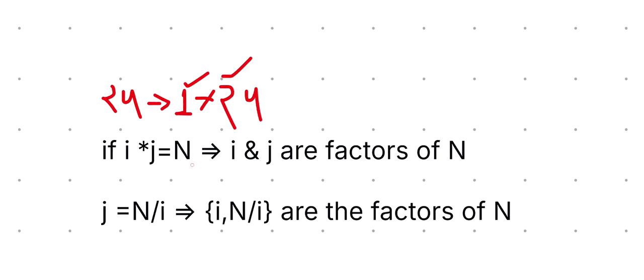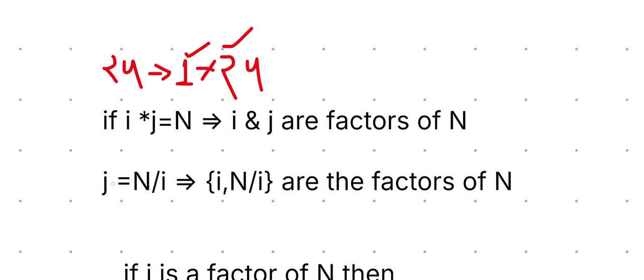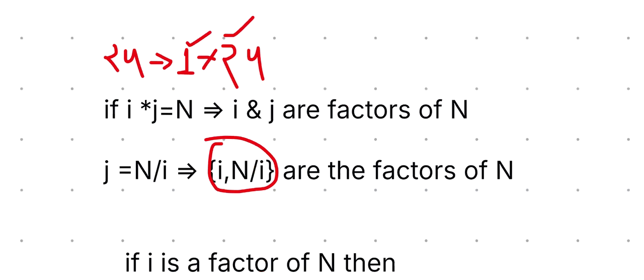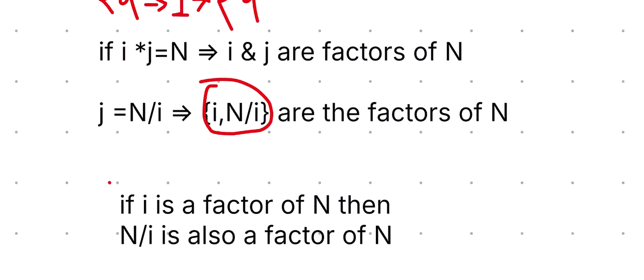So we can say j equals n upon i, and i comma n upon i are the factors of n, correct? So we got an observation that i and n upon i are the factors of n. So if i is a factor of n, then n upon i is also a factor of n, correct?